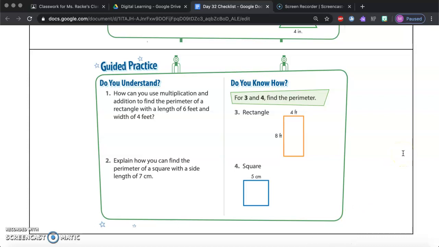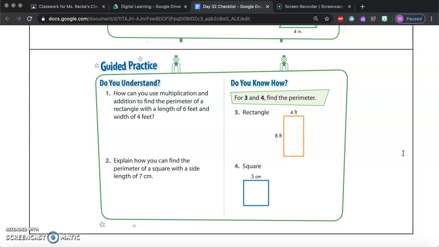Let's look at numbers 3 and 4. It says find the perimeter. So let's start with number 3, which is a rectangle. And it's important that it's telling us what shape we're finding because we want to be able to make sure that we're using those rules.